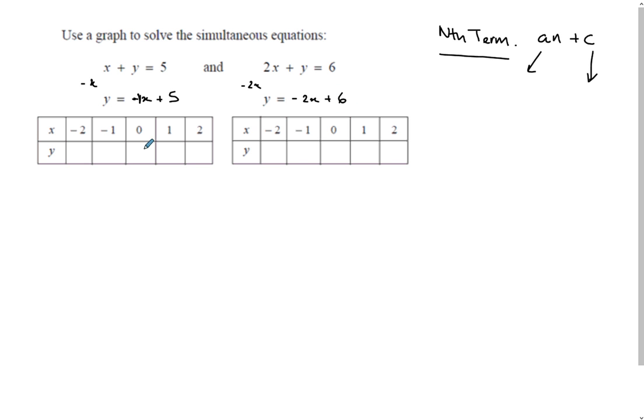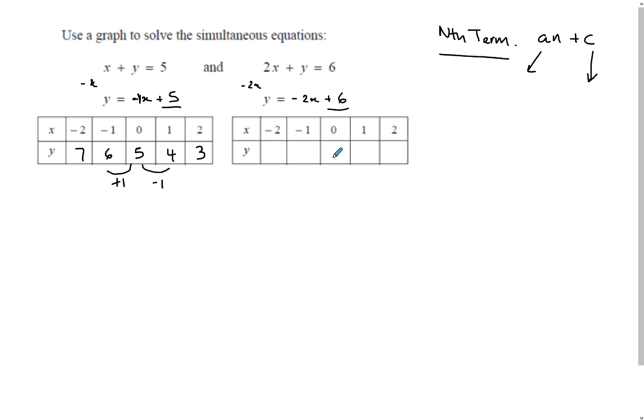I'll show you how to use the nth term to plot if you haven't seen that video. So your 0th term would be the 5, so you start with 5 there, and then your difference is minus 1, so you go minus 1, which is 4, and minus 1, which is 3. And then going that way, you're going plus 1, so you've got 6 and 7. That was easy, wasn't it?